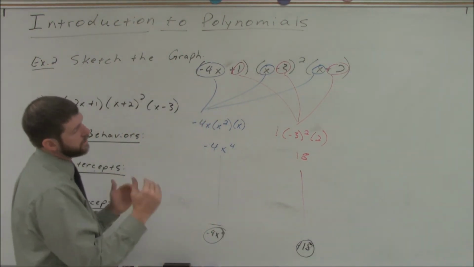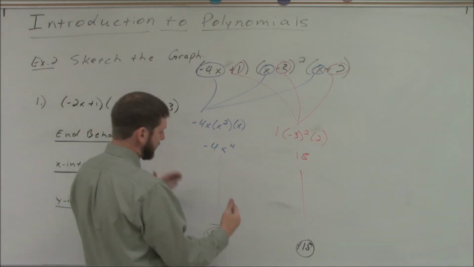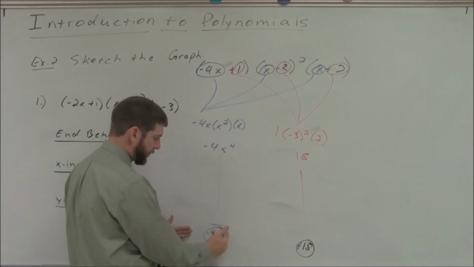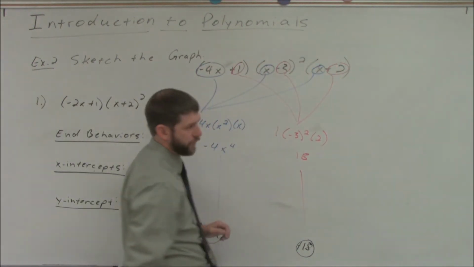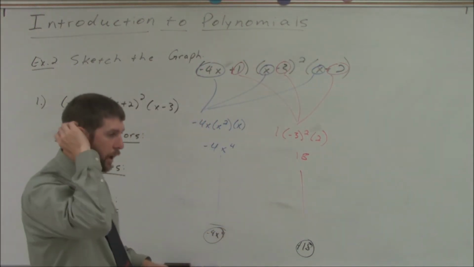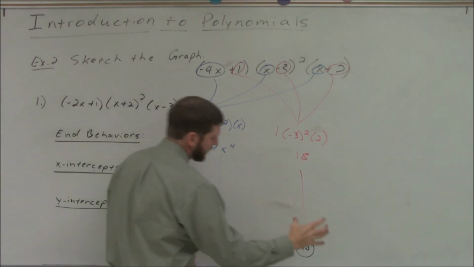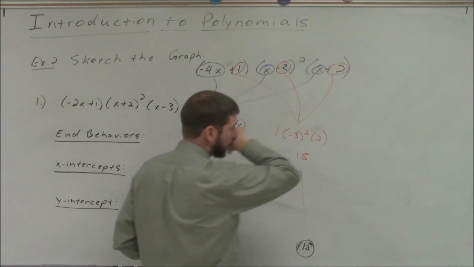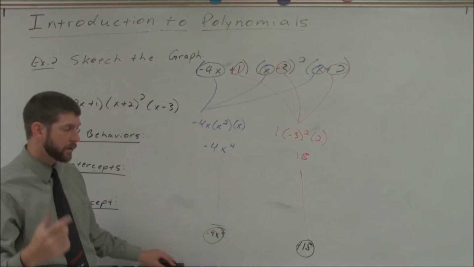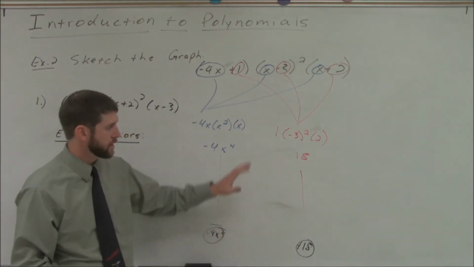Okay, so very important concept that we have, that the first term, the lead coefficient, and the degree comes from a product of all of the first terms of our linear factors. And the constant is a product of the constants of all of our linear factors.